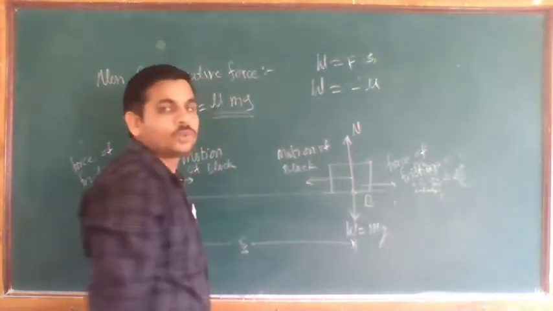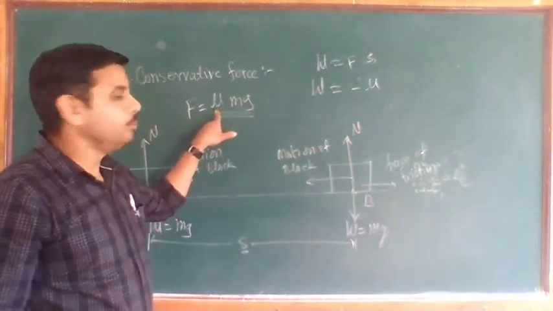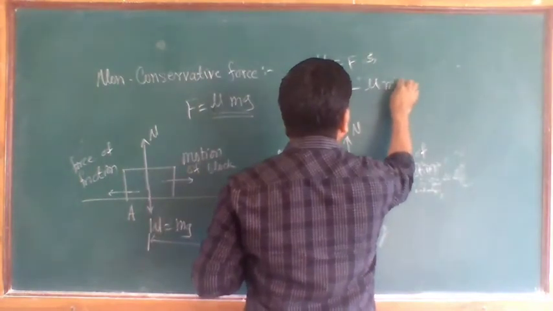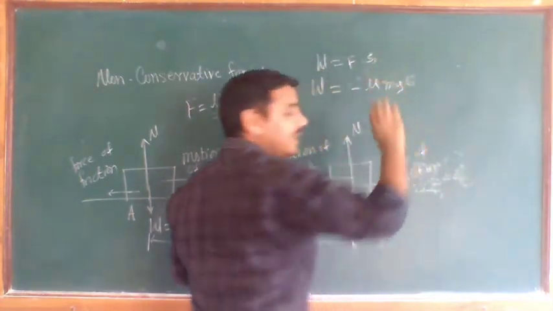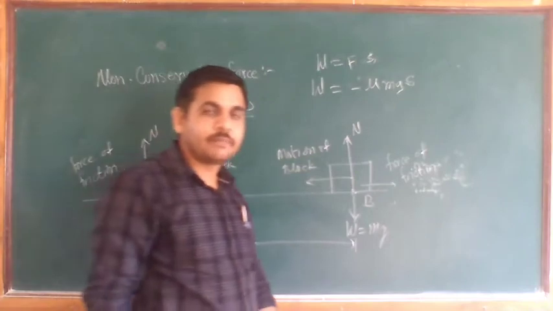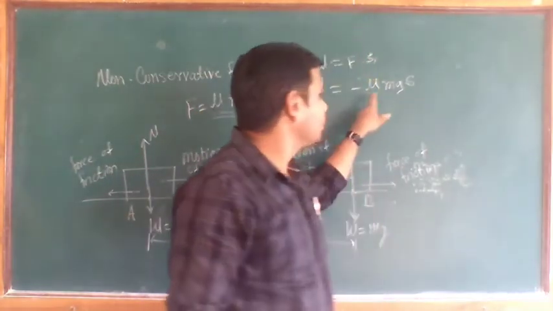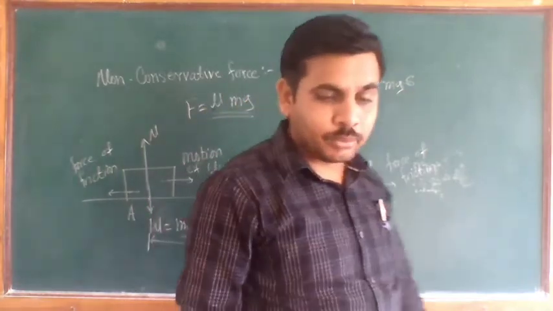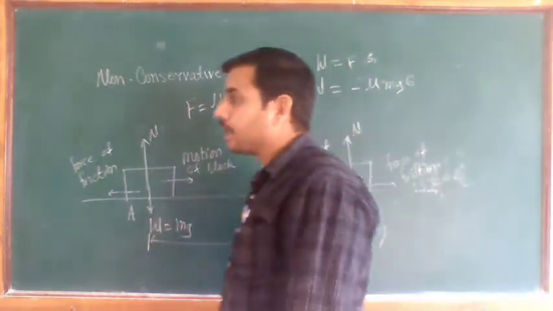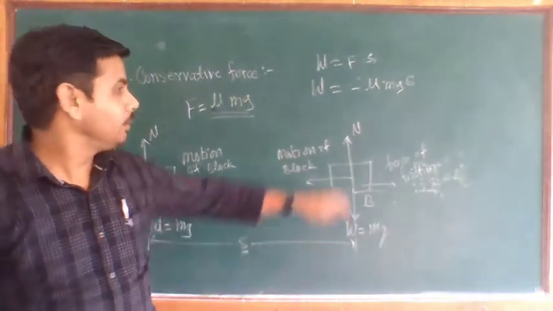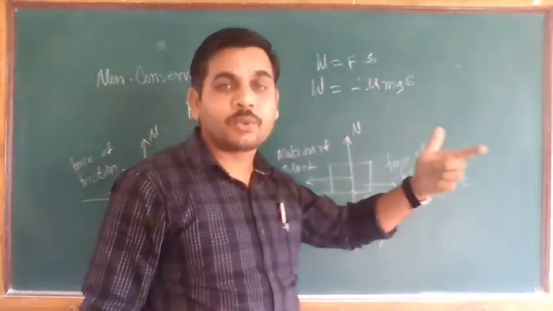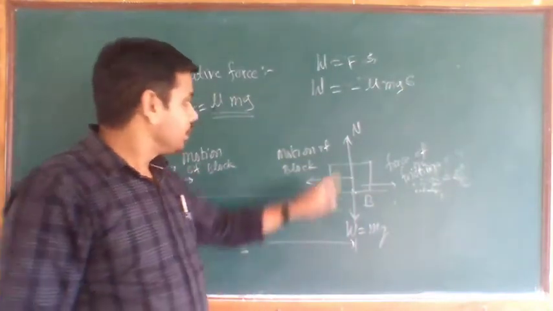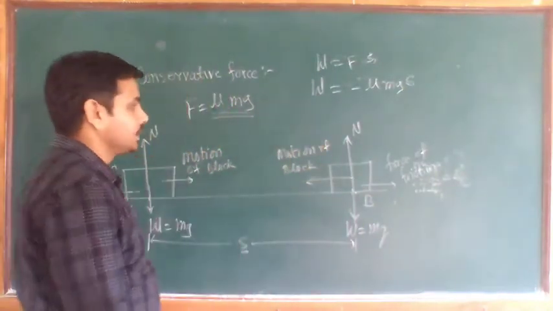So W is equal to, F is nothing but mu mg, into displacement S. Here we are defining that the work done W is equal to minus mu mg S, because there will be the negative sign. Why is there a negative sign? Because the frictional force is exerted in the opposite direction. Here we are considering the first case.